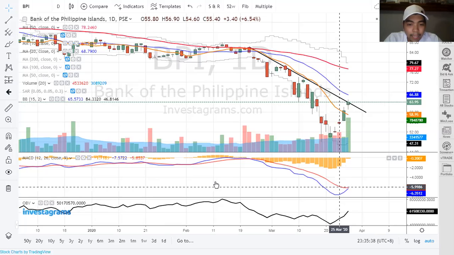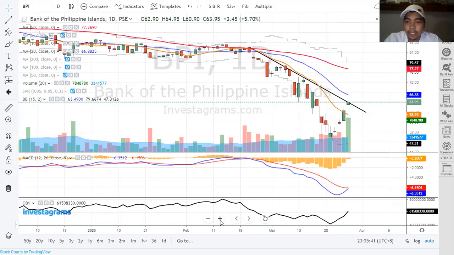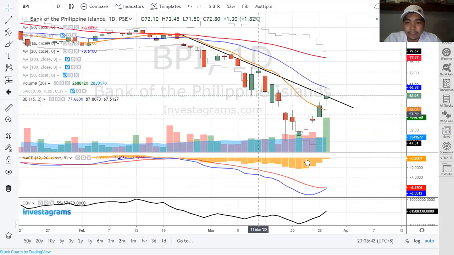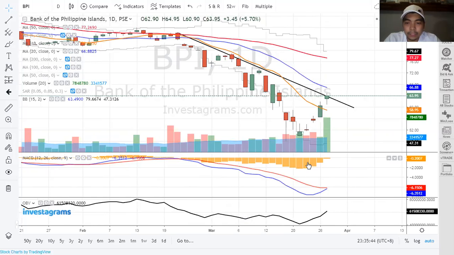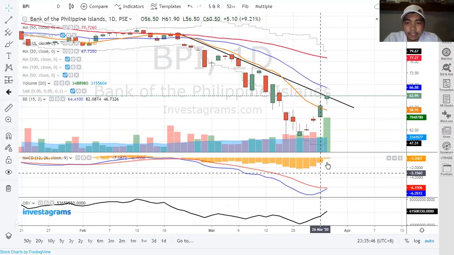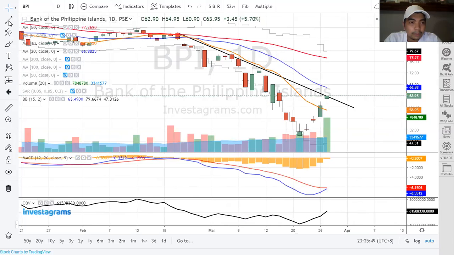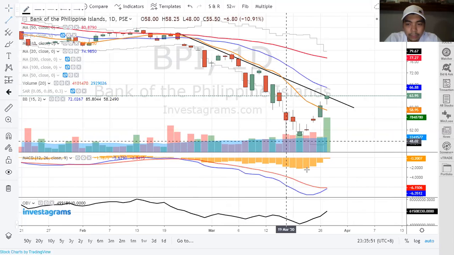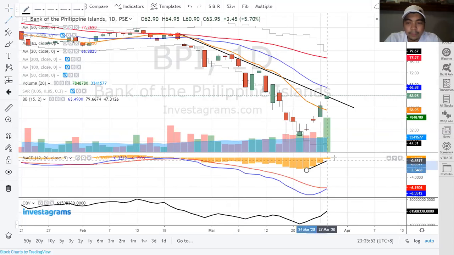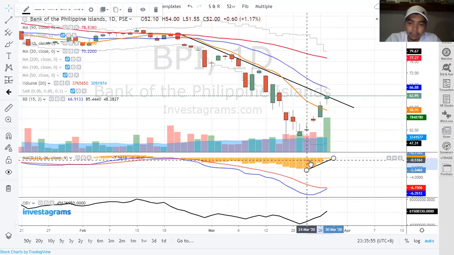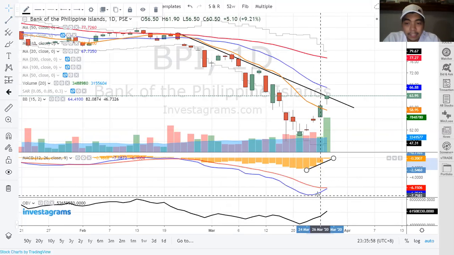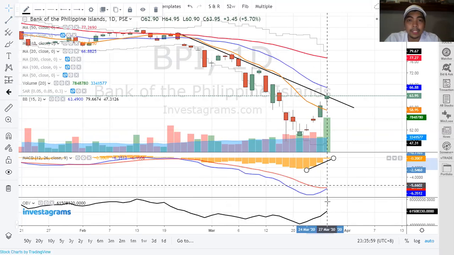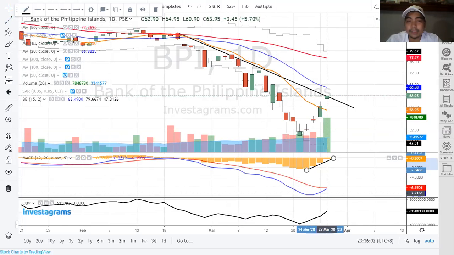Next, for the MACD, we have a reversal sign. As you can see, the histogram is on the uptrend already. Here I usually use this one: if the trend is going high, so probably it's an uptrend, then the MACD, the blue one, is crossing over the signal line.